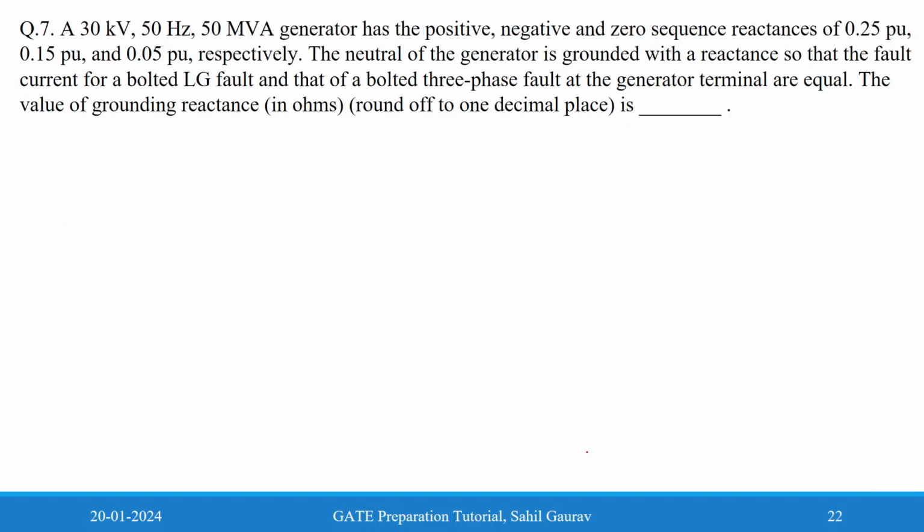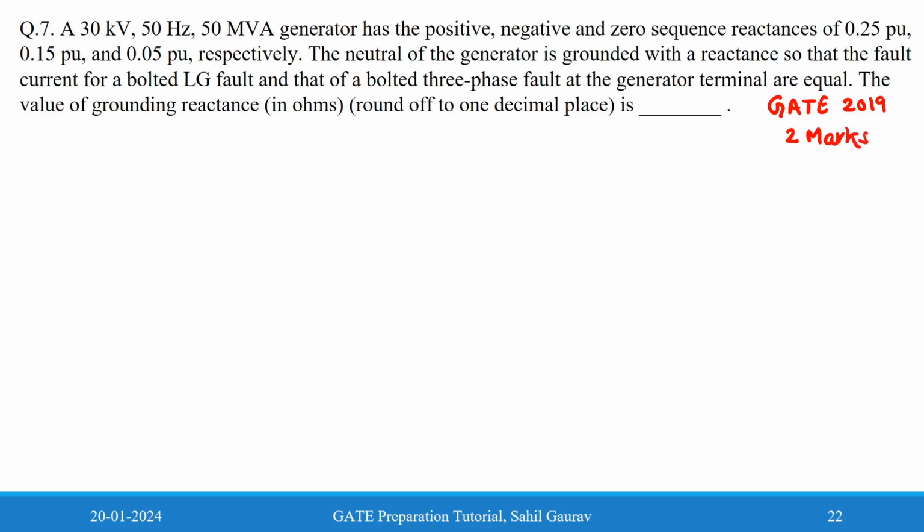So coming to the next problem. First, let us see when it has been asked. It is asked in GATE 2019, one of the toughest exams, one of the easiest exams for electrical engineers, and it is of 2 marks.